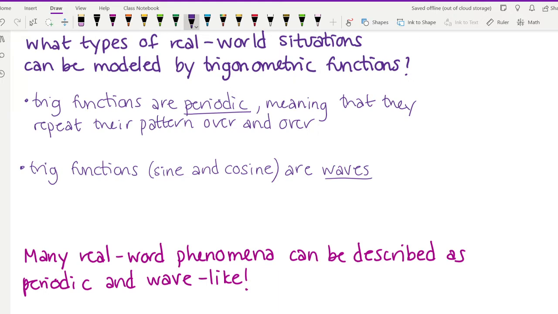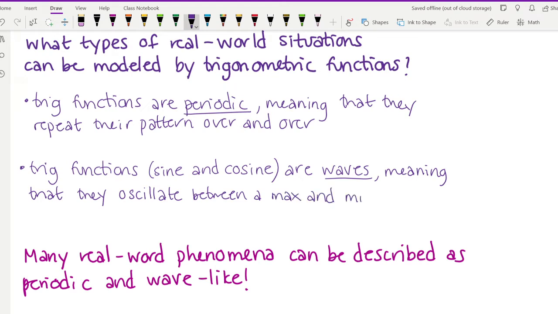So trig functions are waves, meaning that they oscillate. Oscillate is basically just a word to mean that something goes back and forth between a highest and lowest value. So they oscillate between a maximum and minimum value.